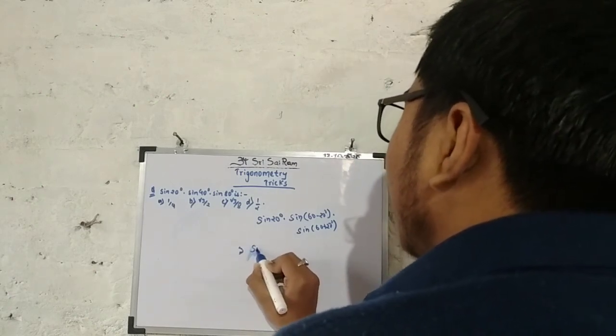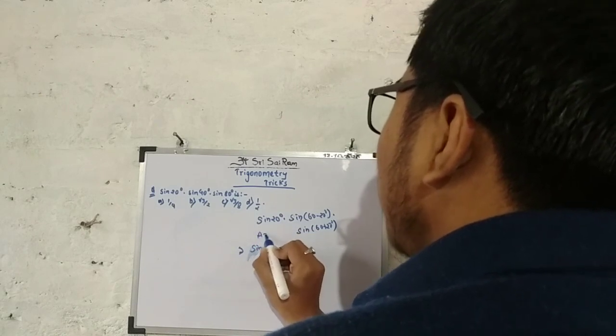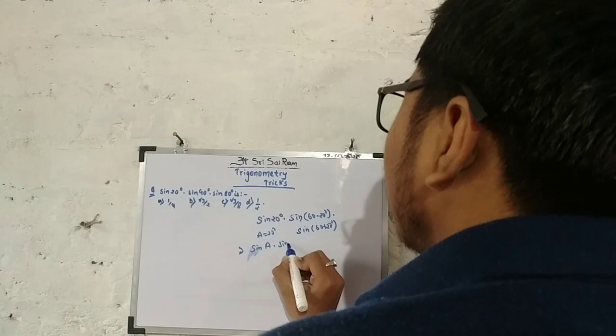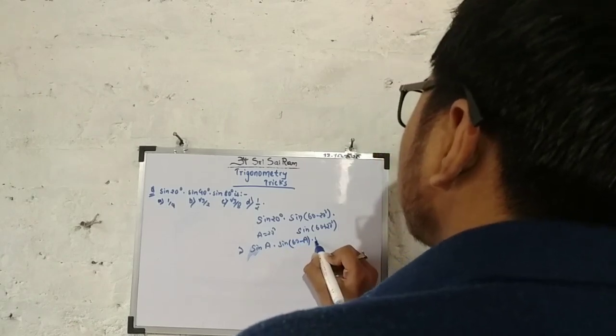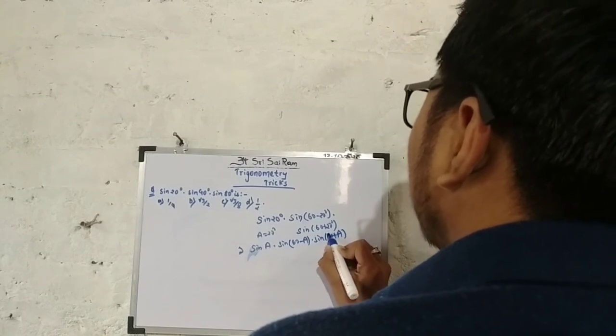If I write this as sine A, meaning let A equal 20 degree, then sine A into sine 60 minus A into sine 60 plus A.